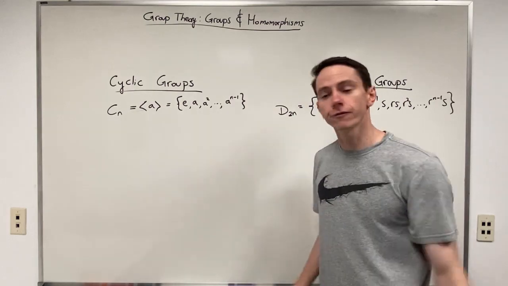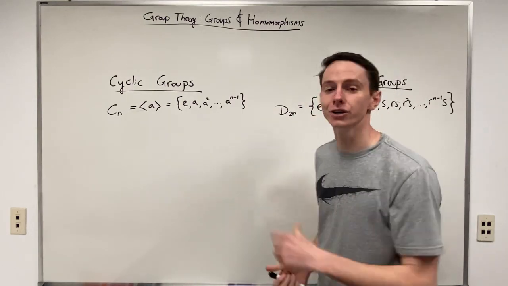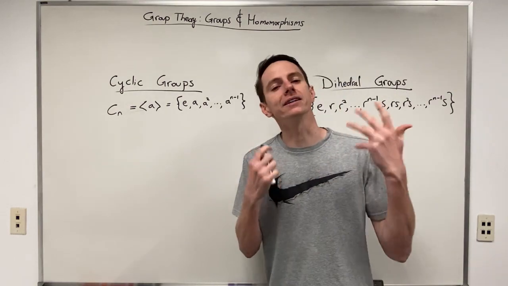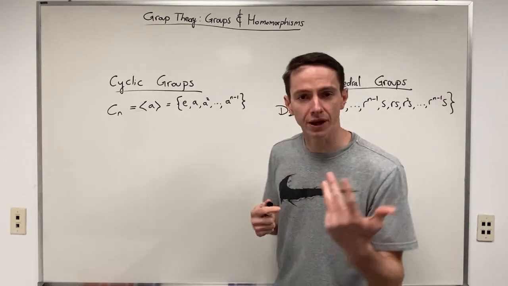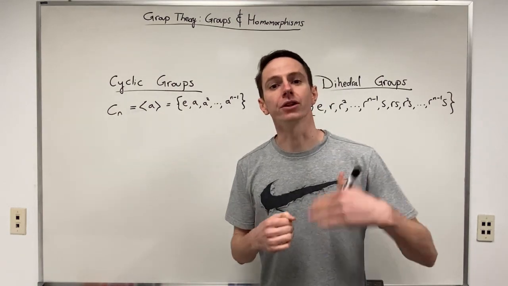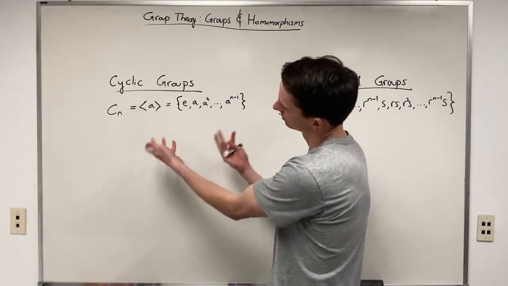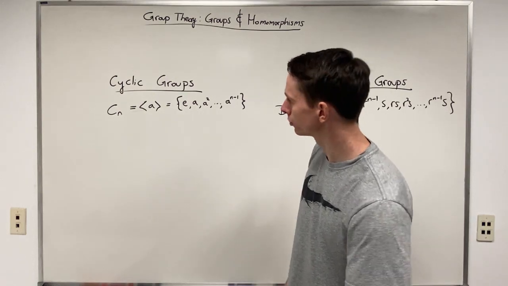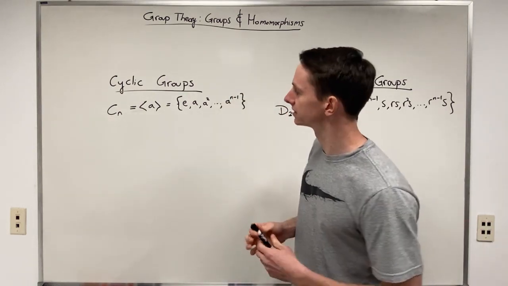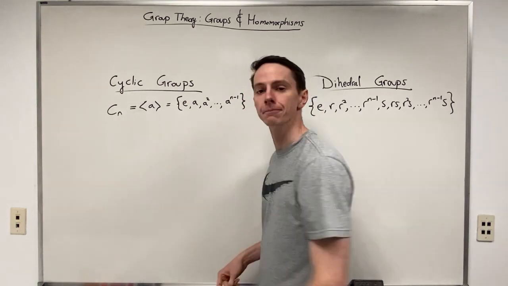The first type of fundamental group that we were looking at was the notion of a cyclic group, right? The whole idea behind a cyclic group is that it is a group that can be generated by a single element that is typically called the generator. So common notation for a cyclic group is the uppercase letter C, and if there are n elements in the cyclic group, we would say it's C sub n.